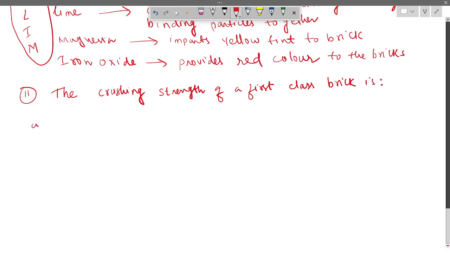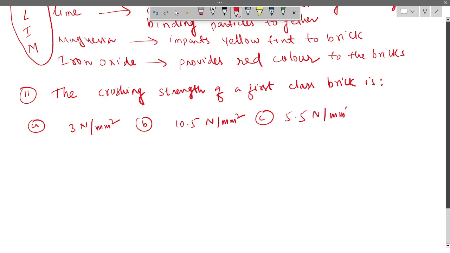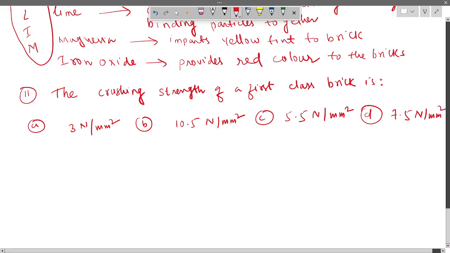First one is 3 Newton per millimeter square. The B option is 10.5 Newton per millimeter square. The third option is 5.5 Newton per millimeter square, and the last one is 7.5 Newton per millimeter square.